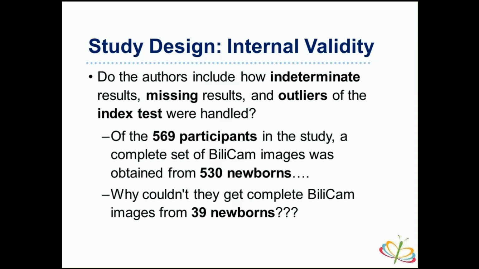This could have been an issue with the technology, lighting, wrong positioning, or no internet connectivity. We don't really know. If you subtract the 39 newborns who didn't get the complete images, you have 530 newborns who got both the BiliCam bilirubin and the total serum bilirubin.